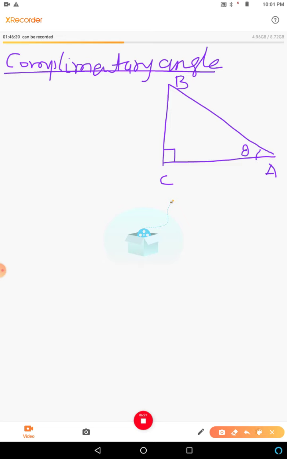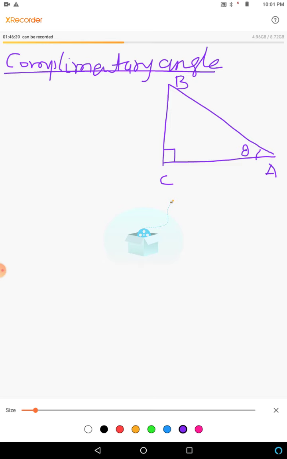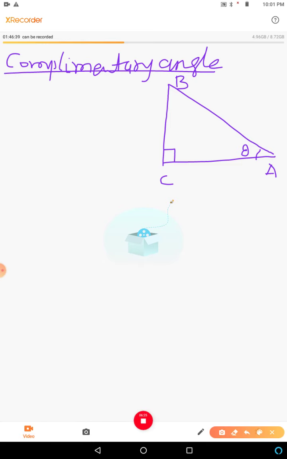So when C is 90 degrees and A is theta, then the angle at B will be 90 minus theta. The total interior angle of a triangle is 180. So theta, plus the perpendicular 90 degrees, then this should be 90 minus theta.